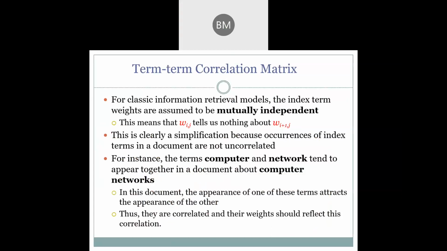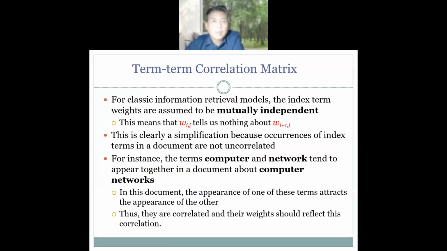Good. The next one is the term correlation matrix, but this one we will cover more in another lecture, on how to find two terms that are highly correlated to each other.